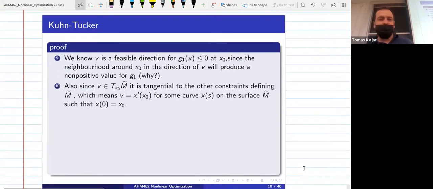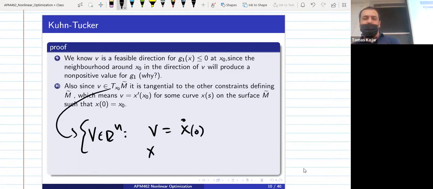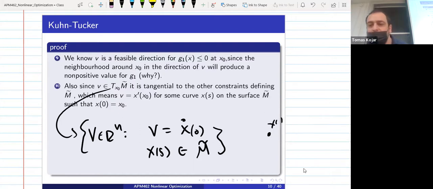The definition of the tangent space was all the V such that V is the derivative at x naught of some curve x of s belonging in the set M tilde. And the picture was, this is M tilde, and this is x naught, and it moves in direction V, and this curve is x of s. Is that okay? Let me make it bigger.